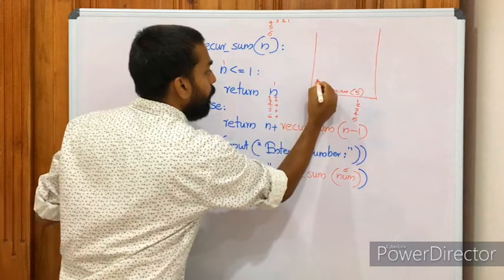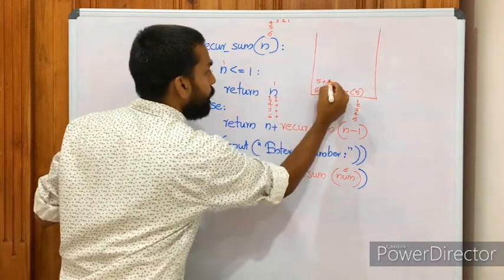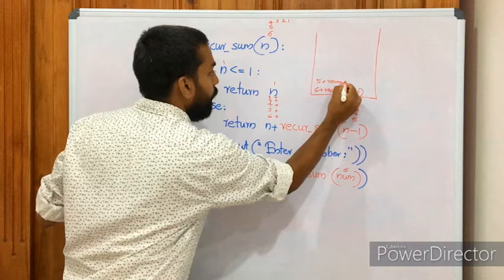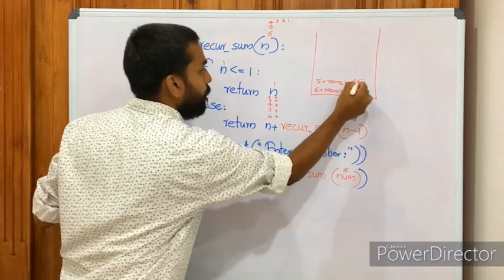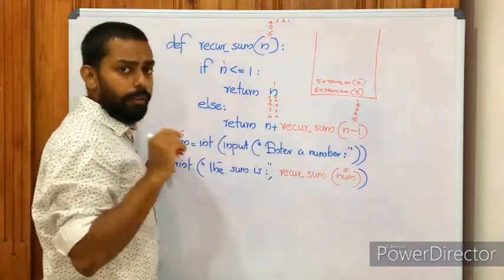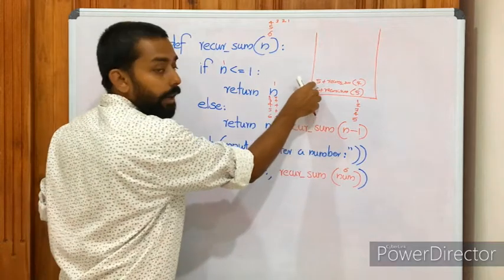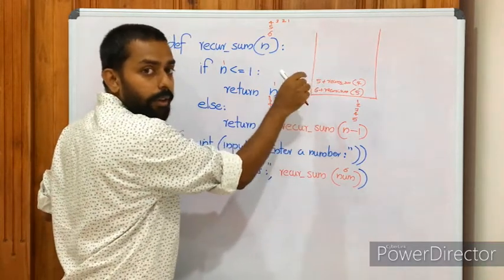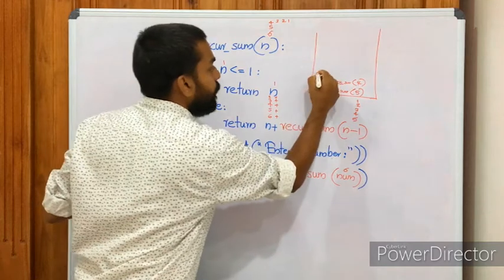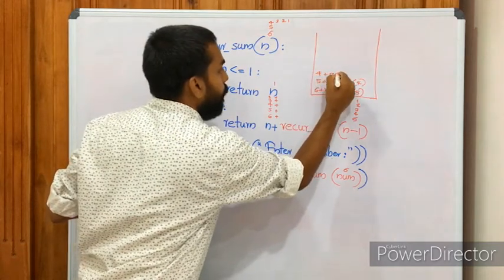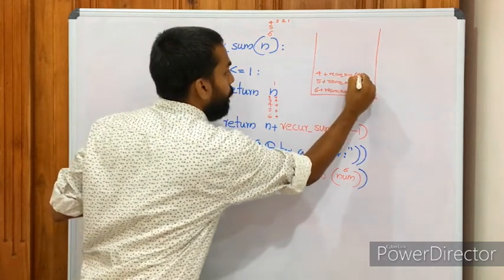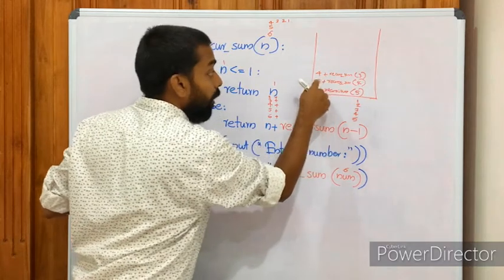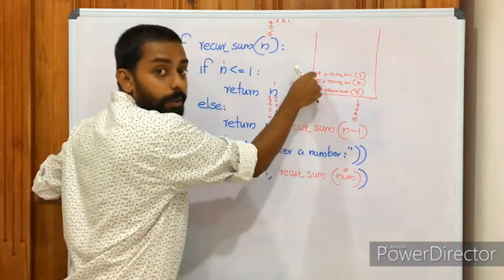At that time it moves to 5 plus recursion of 4. But we know one thing, 6 is already here, but we are not writing it. The same way for the next it is 4 plus recursion of 3. Here for 4 we know it is 6 plus 5 plus 4.